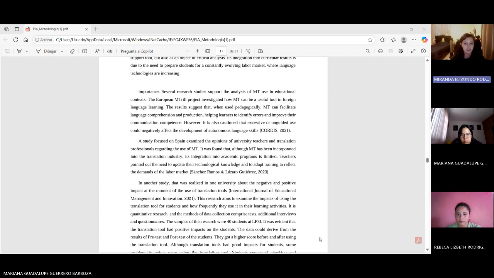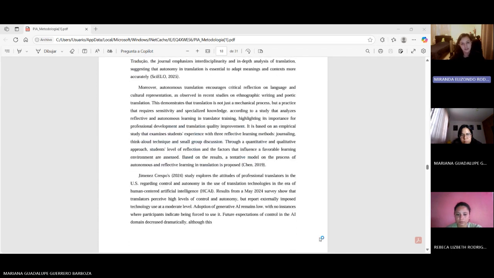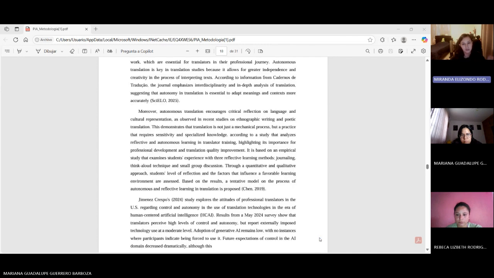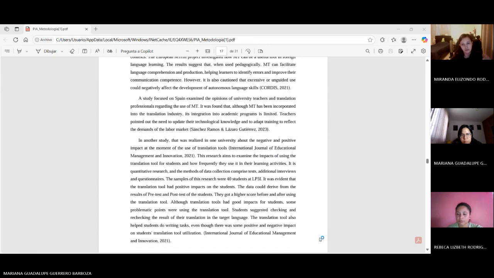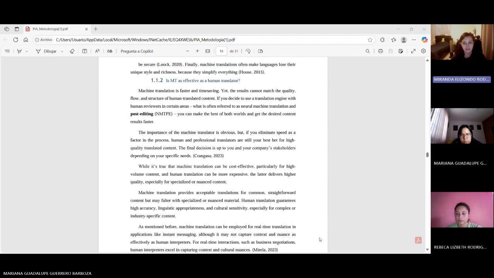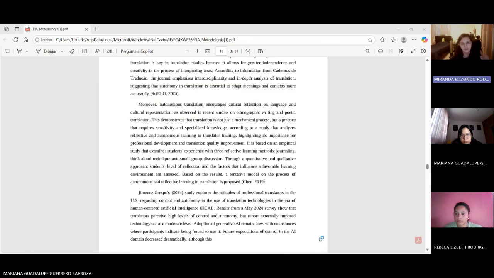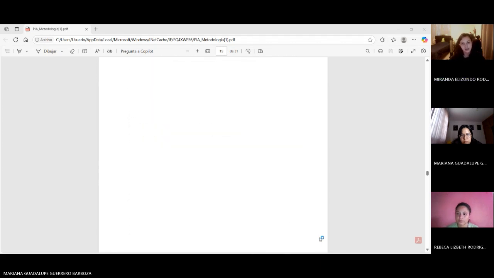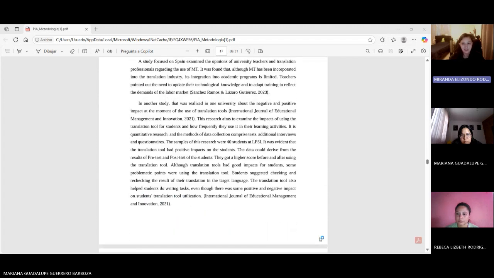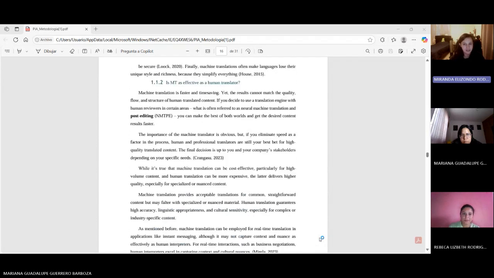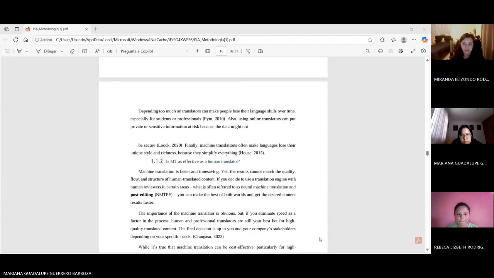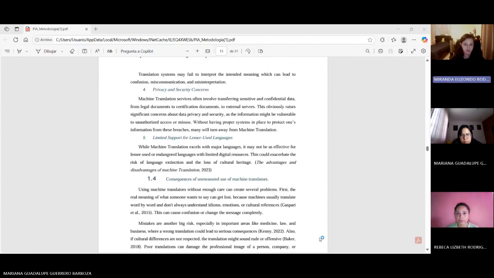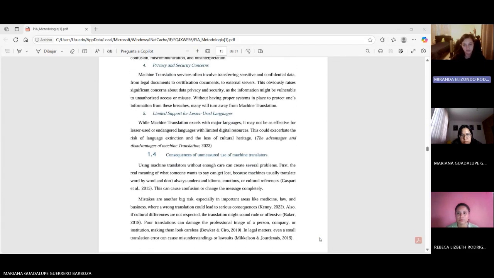Now we have the research questions that come from those objectives that we developed, three main research questions. First of all, what are the negative impacts on the quality of translation when fifth semester LIGHT students use machine translation tools?